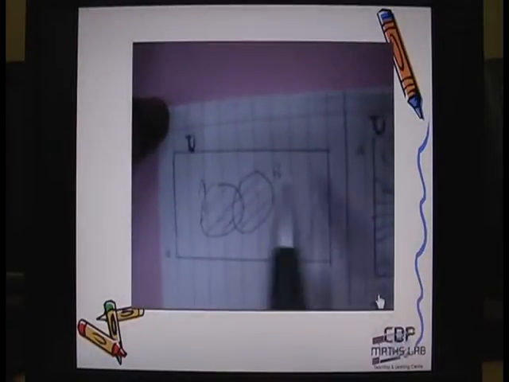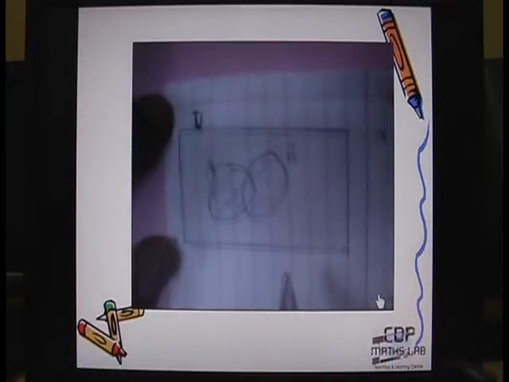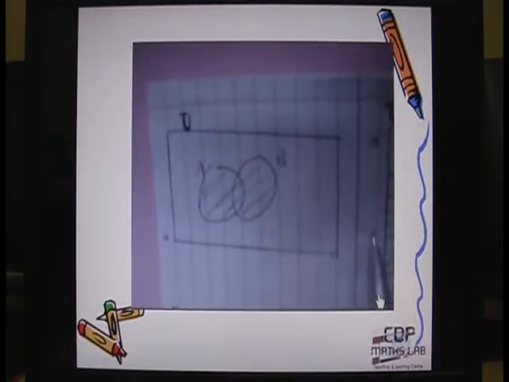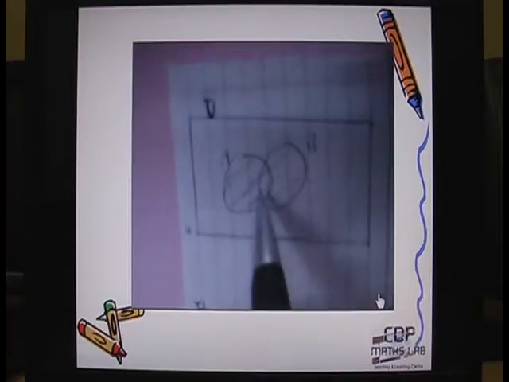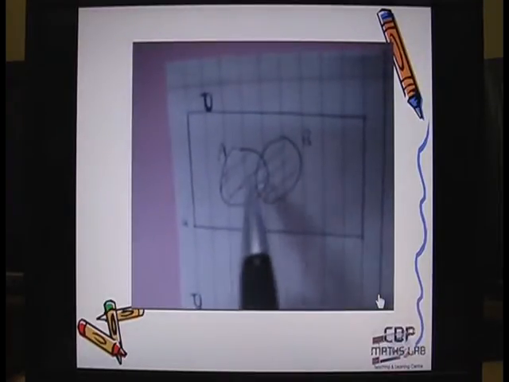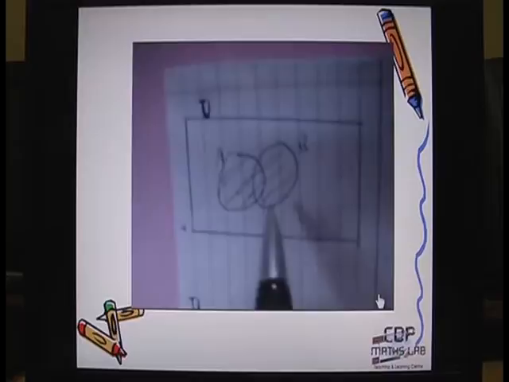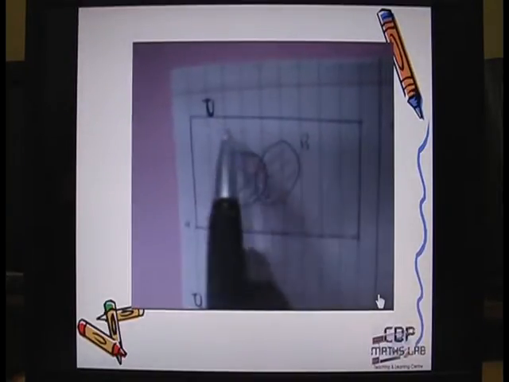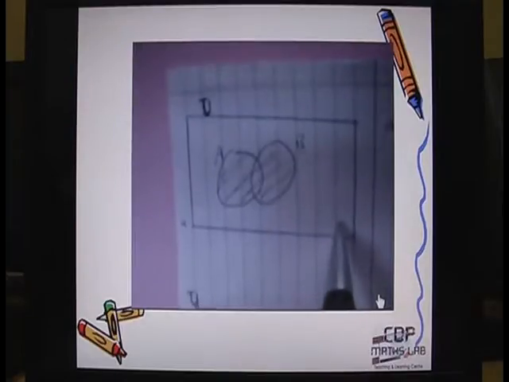At this moment we're going to look at a few different Venn diagrams showing different relationships between two sets, and then we're going to look at how we interpret the Venn diagram. Here we have first of all the Venn diagram representing what we call a universal set.